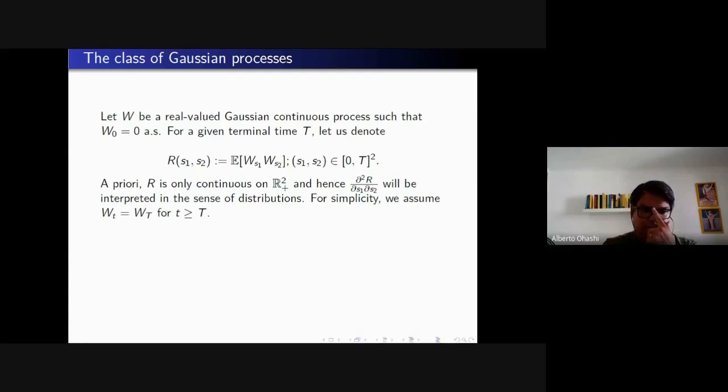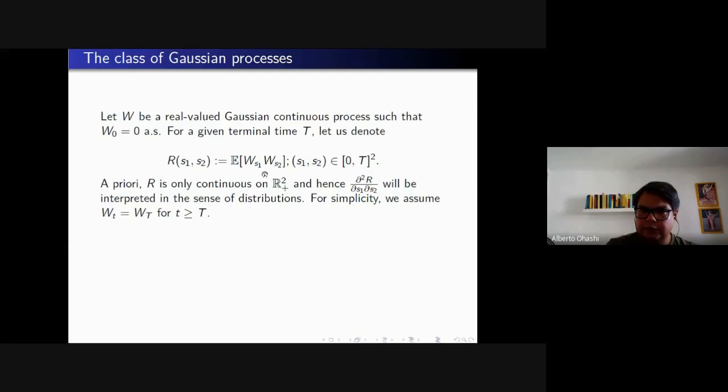First of all, I just want to give the basic condition of our underlying Gaussian process. This is the expectation of my process, which I will call R, the covariance of the process. So a priori, R is only continuous.